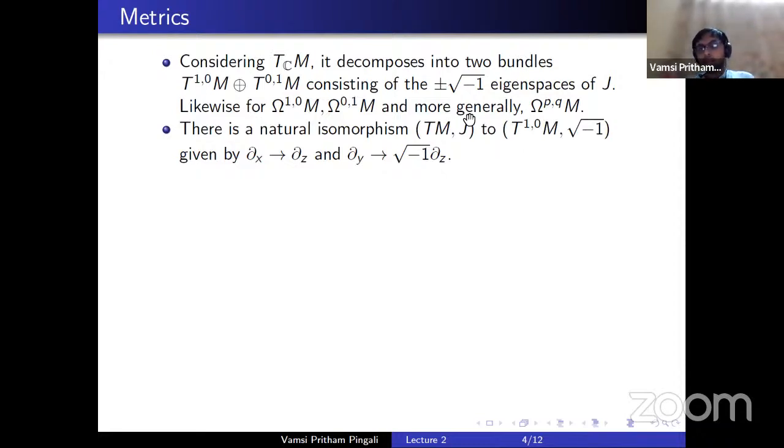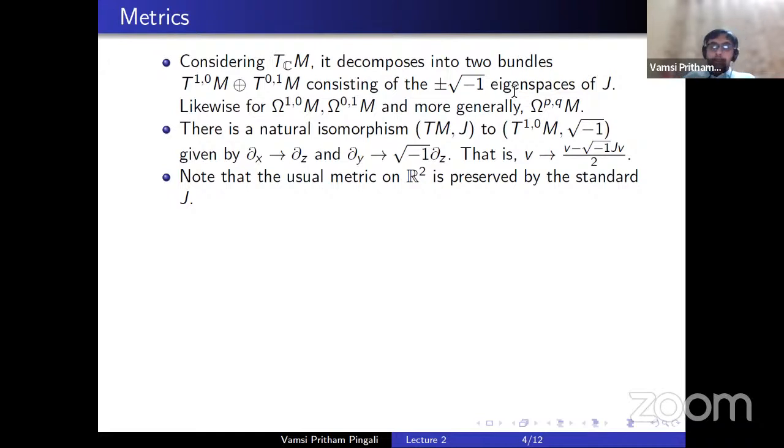And these two are isomorphic, and the isomorphism is given very explicitly like this. So in other words, invariantly, it's v goes to (v - iJv)/2. I leave this as an exercise for you to check that indeed this beast is in the plus square root of -1 eigenspace of J.